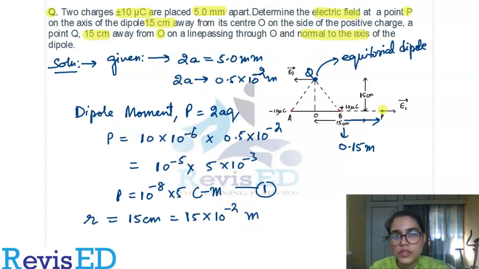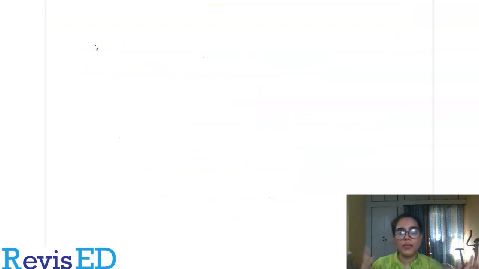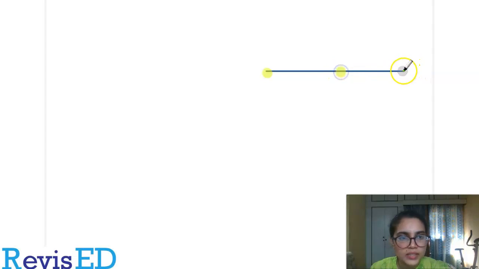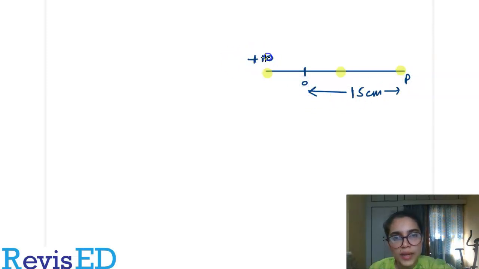Now how can we solve this question? We are first of all seeing the axial point, the point we were given as the axial point. So we had a system like this where you had minus 10, plus 10 and a point P over here, right? This was your center point O, and the distance was around 15 centimeter from this to point P. You have plus 10 microcoulomb over here and minus 10 microcoulomb over here.